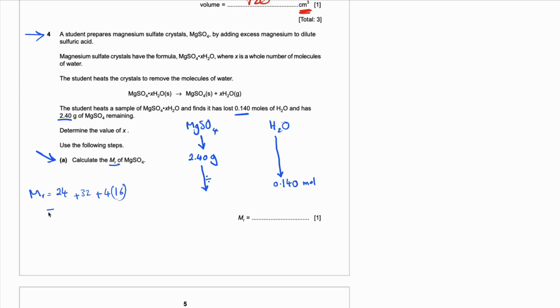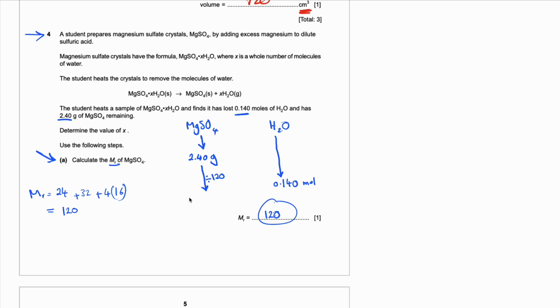And if you add up all the numbers, they're going to give you 120. So that's the relative formula mass, 120. Remember, we never use units for relative formula masses. And the numerical value of the relative formula mass is going to be exactly the same as the molar mass of magnesium sulfate. So divide by 120 to figure out how many moles we have.